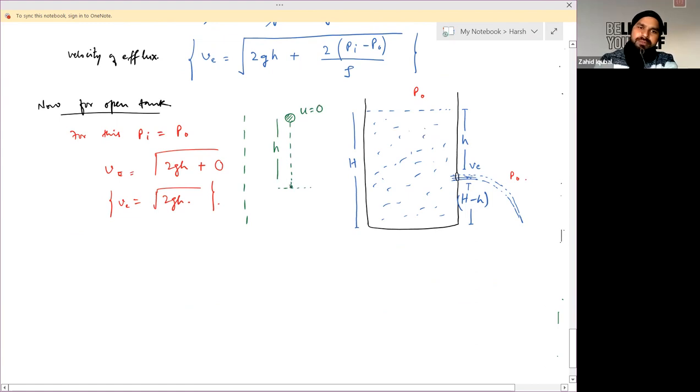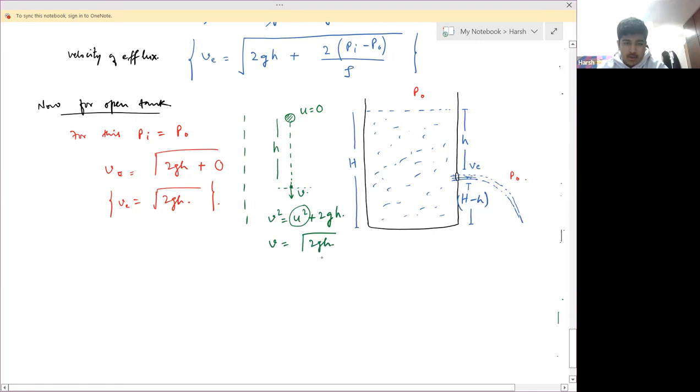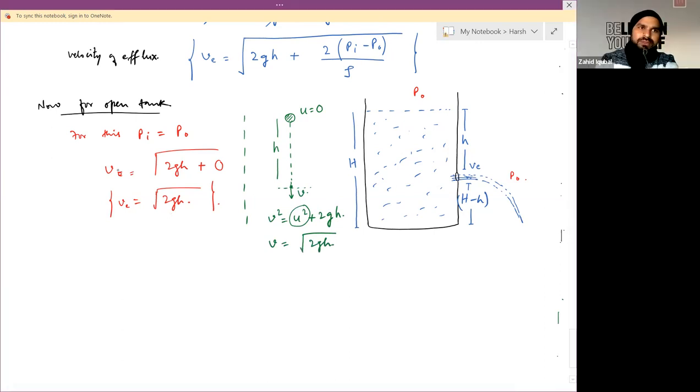At this point, it may have attained some velocity v. So according to the third equation of motion, we may write v squared equals u squared plus 2as. Is it clear? Yes, sir. Since initial velocity is 0, this part will be 0. So you're left with v equals root under 2gh. Is it clear? Yes, sir. Now just compare these two results. Are they equal or not?